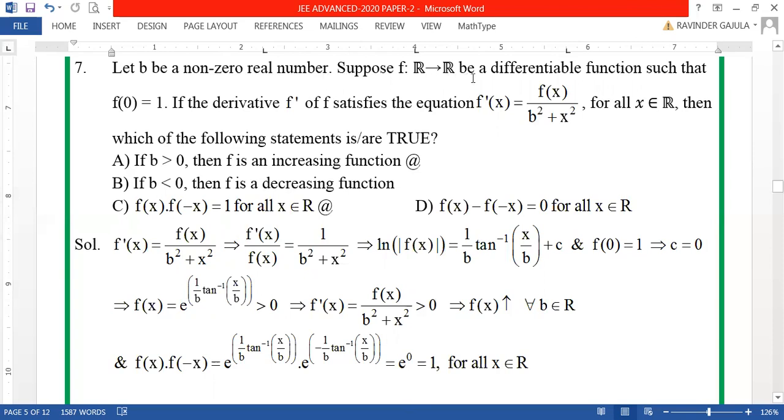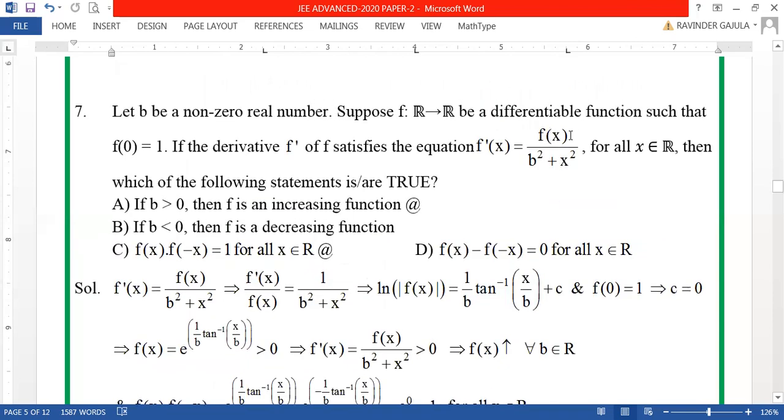Suppose f: R to R is a differentiable function such that f of 0 equals 1. If the derivative f dash satisfies the equation f dash x equals f of x by b square plus x square for all x belongs to R, then which of the following statements is/are true?